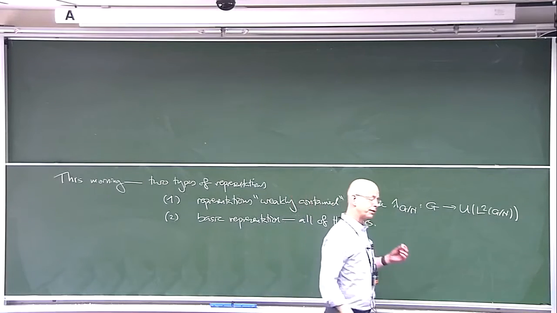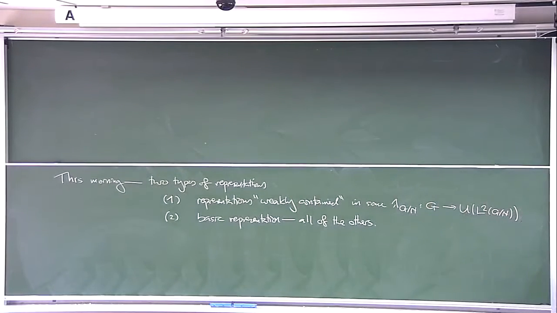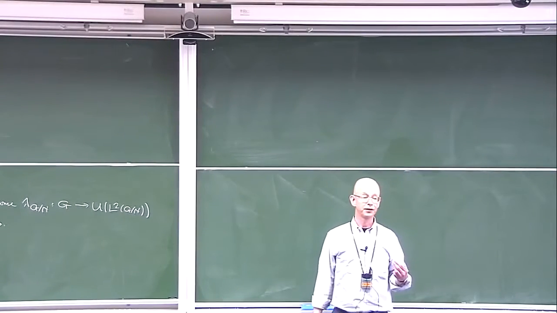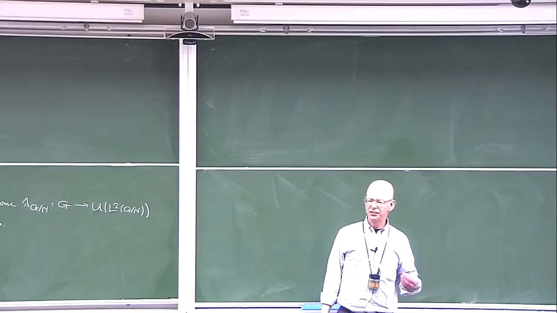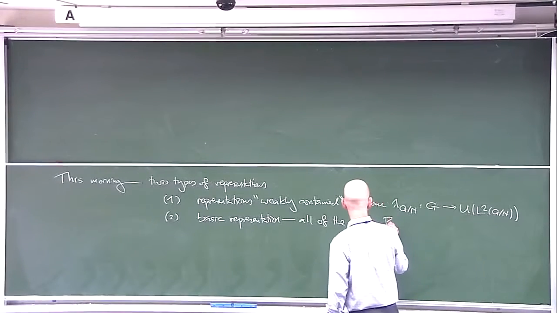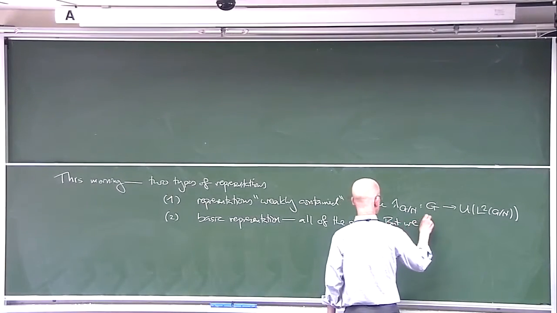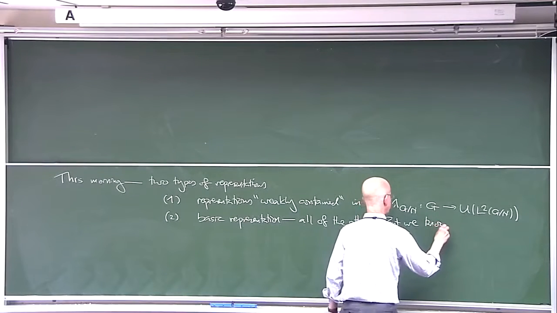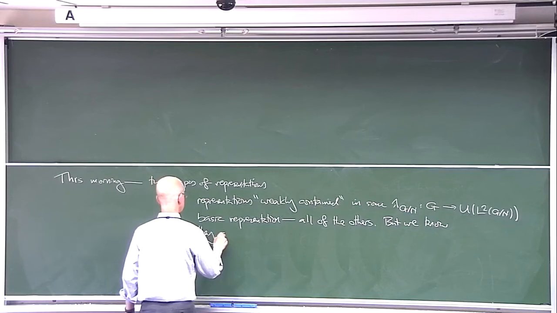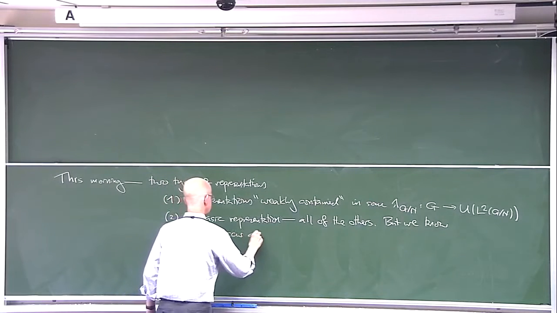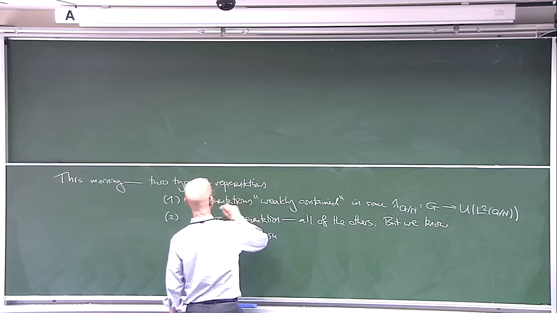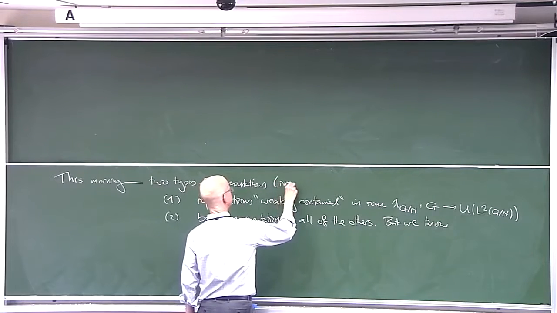But we know something about these representations, because, thanks to the main theorem, they have something to do with compact operators. And so we know that they occur, as I explained at the very end, as sub-representations. Of course, I'm talking about irreducible representations.